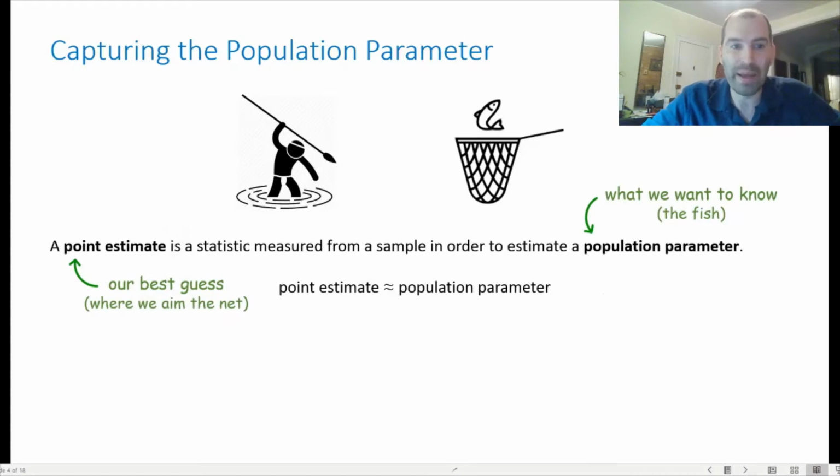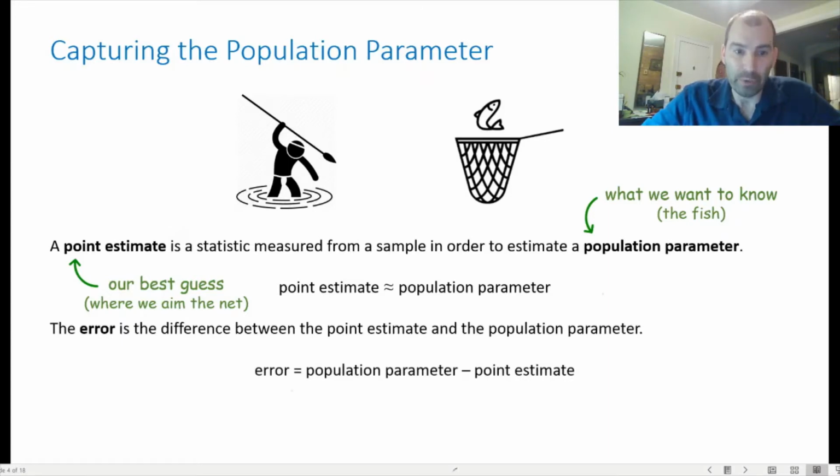So that's our best guess at what we want to know. Okay? The error, which we are probably going to have, is the difference between the point estimate and the actual parameter. All right, so my sample mean is probably not going to be exactly the same as the population mean. The difference between those two values is the error.